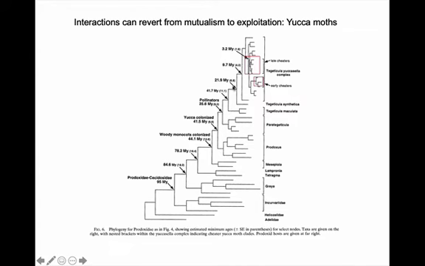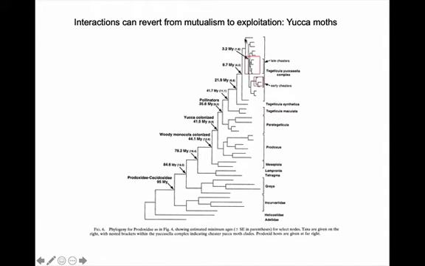As we go along though, you can see that eventually you get some cheating recurring. That's the same thing that was going on down here originally. Originally these were exploiters of seeds and they provided no pollination services. Here you have a group of cheaters, and here you have a second group of cheaters.